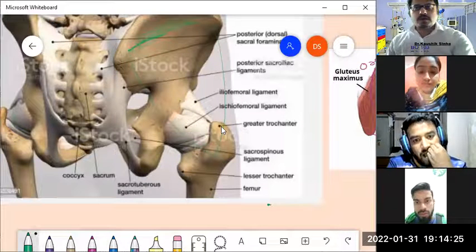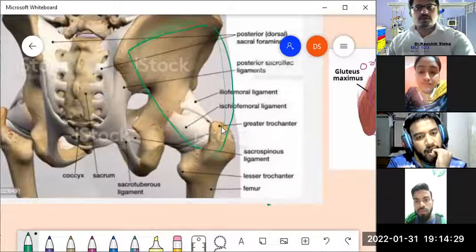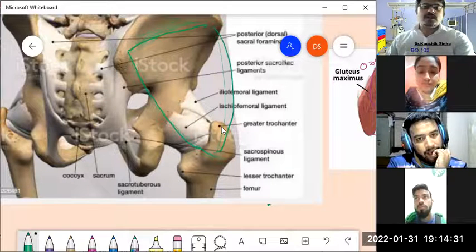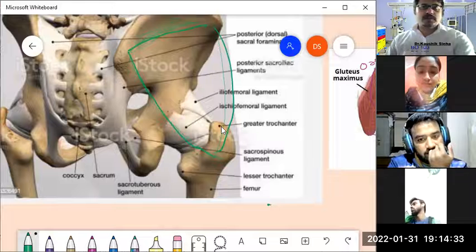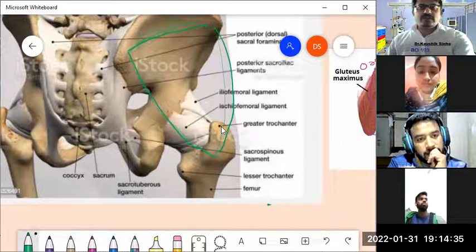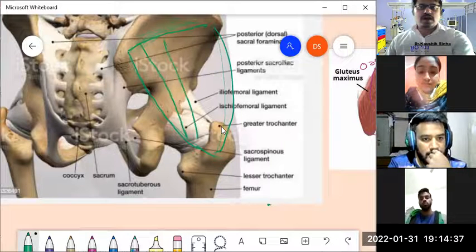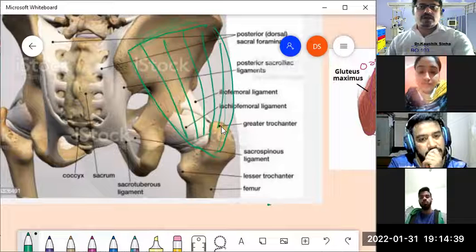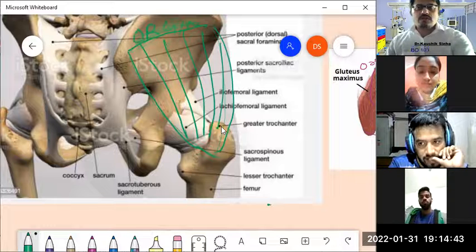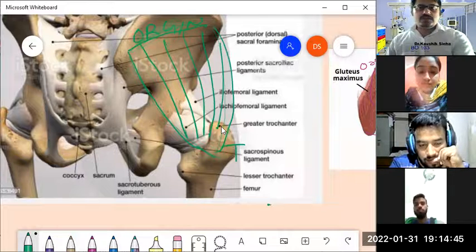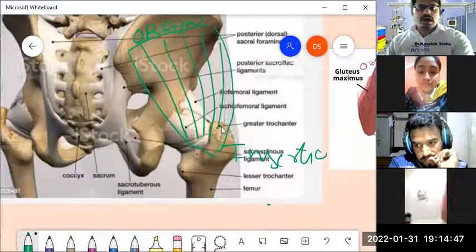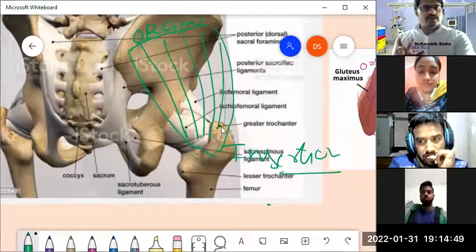I'm speaking of this. If there is a muscle attached to this part of the femur, this is the greater trochanter of the femur, and if the fibers of this muscle have this orientation, so this is the origin, and if this is the insertion, I think you already know what origin and insertion are.